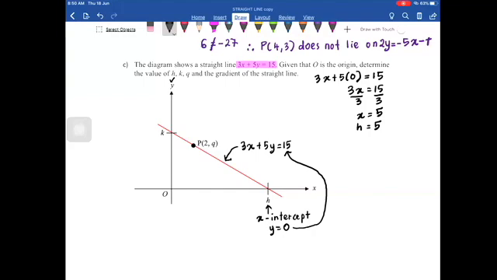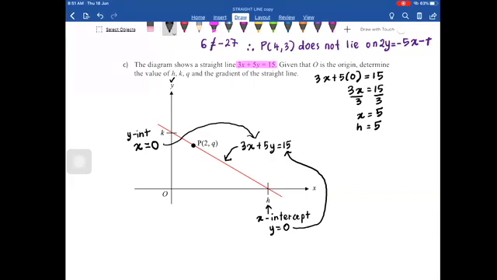Okay, so since H is the x-intercept, K is the y-intercept. So the y-intercept is when the value of x is equal to 0. Since x is equal to 0, I just substitute into my straight line equation.